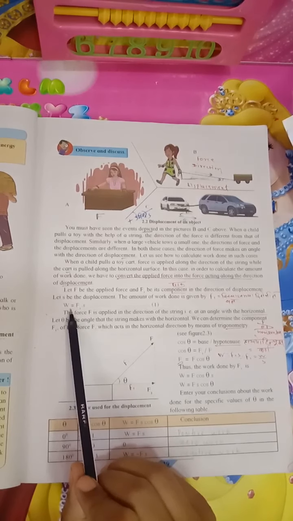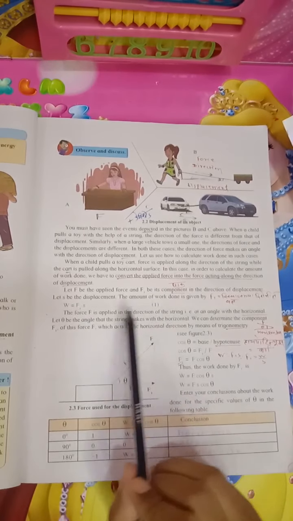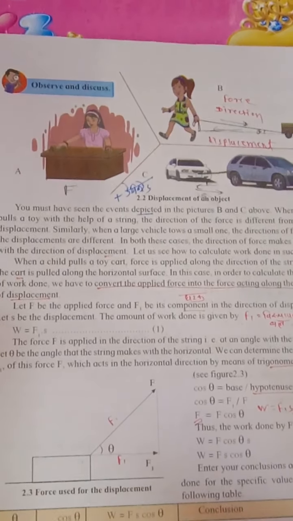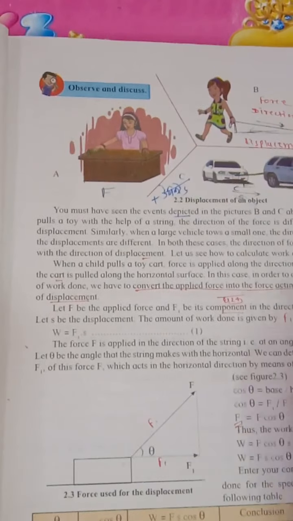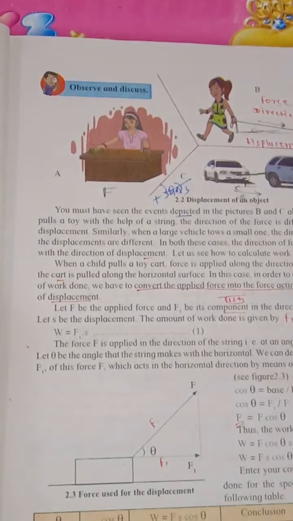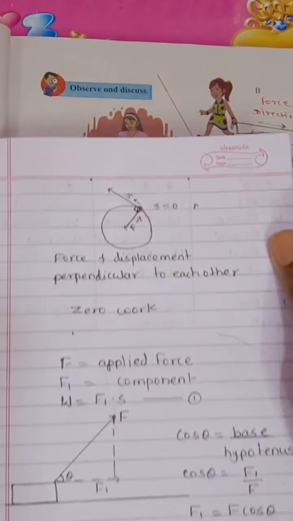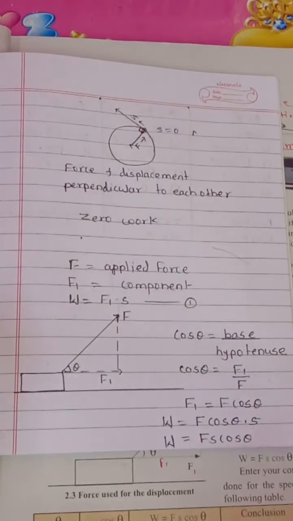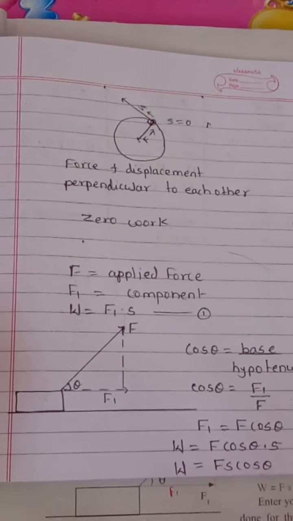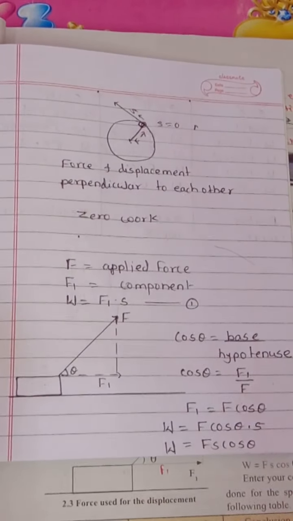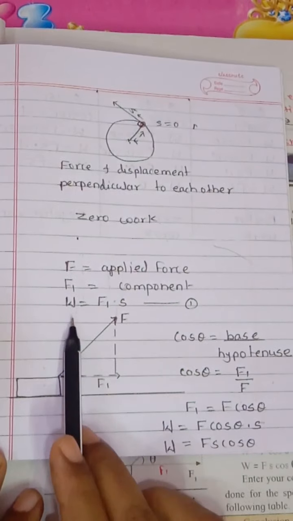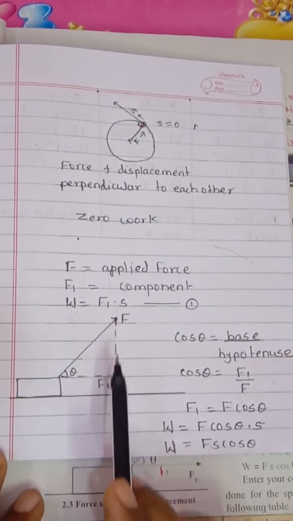Then the amount of work done is calculated by the formula W equal to F1 S, and this is the first equation. F is the applied force, F1 is the component, and the formula of work is F1 S.